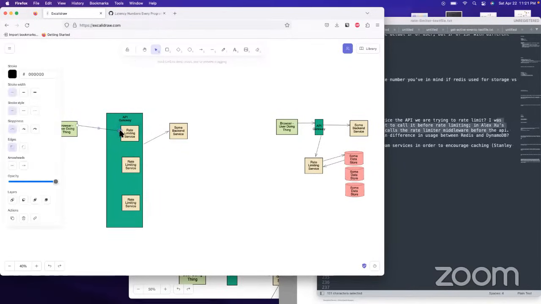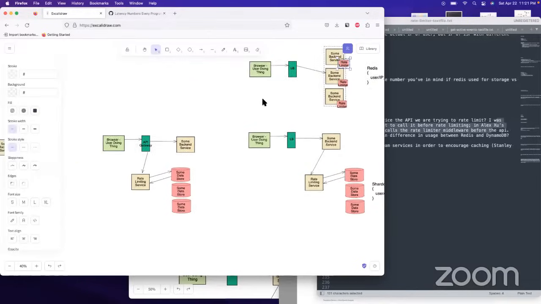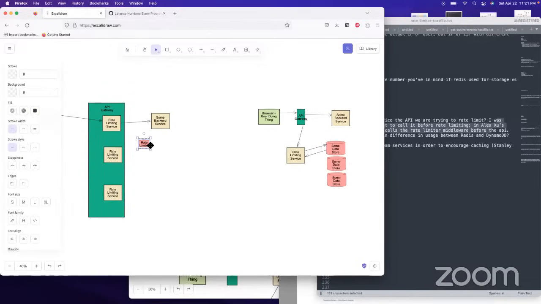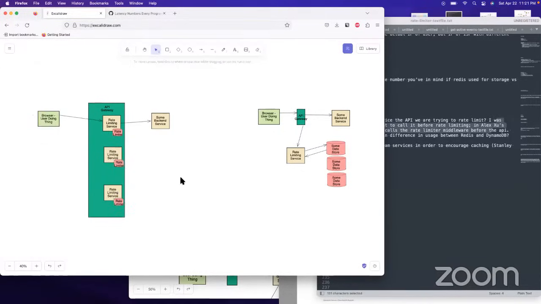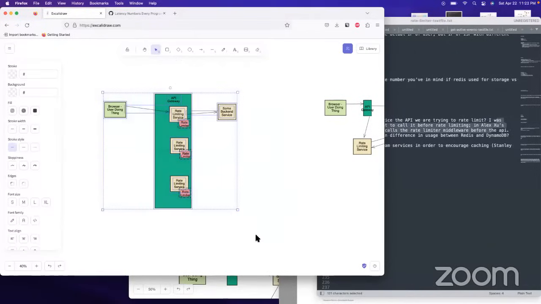It's going to come into the first machine, and it might have a localized instance of one of these, or the rate limiting service used within the API gateway could even be a standalone service of its own.